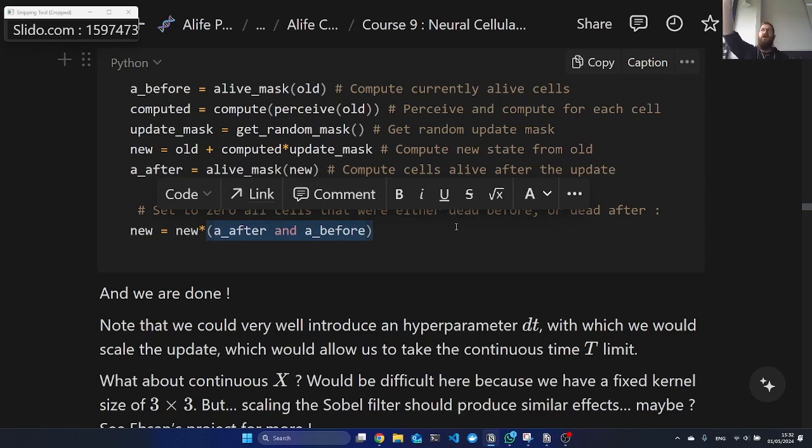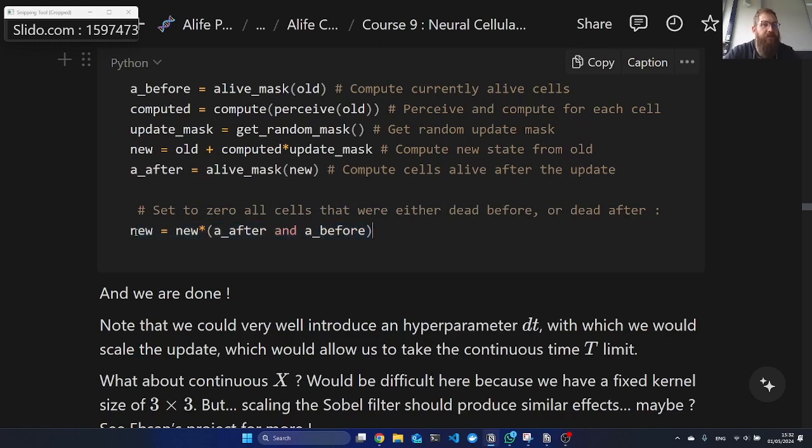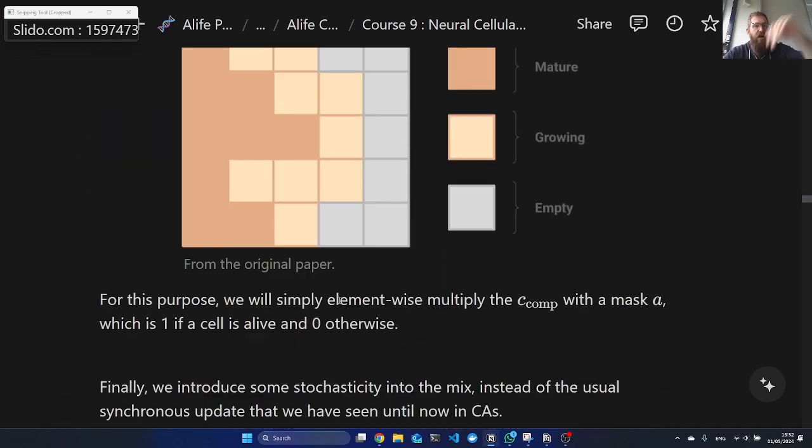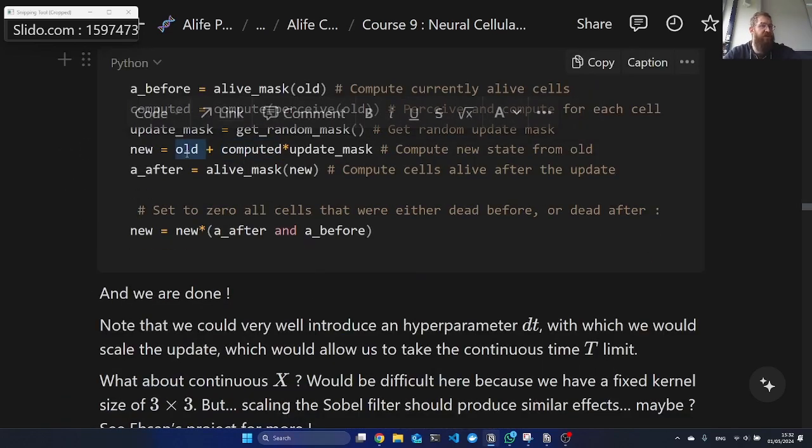Why? Because a particle that was dead before is not supposed to evolve, since it's a dead particle, and a particle that ended up dead should also be set to 0. So this is the final state. It's very simple: the computed vector that we compute with this, we just add to the current state of the system.